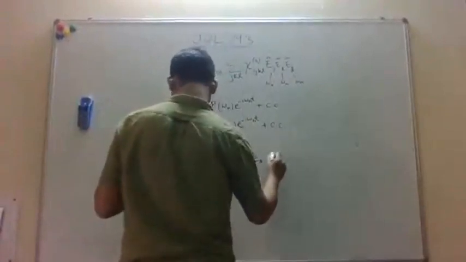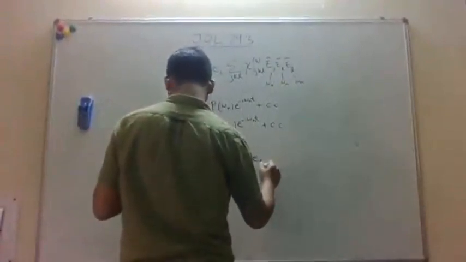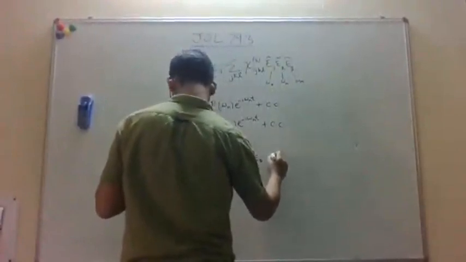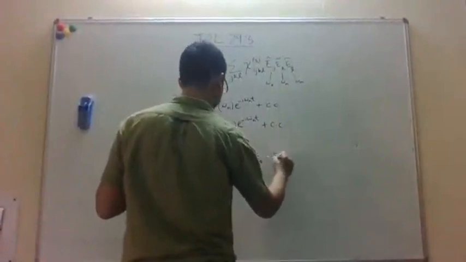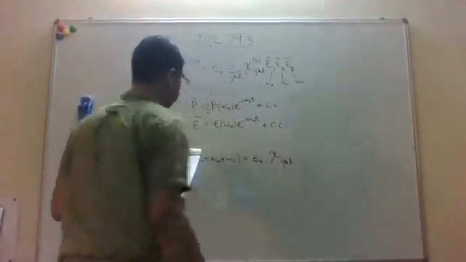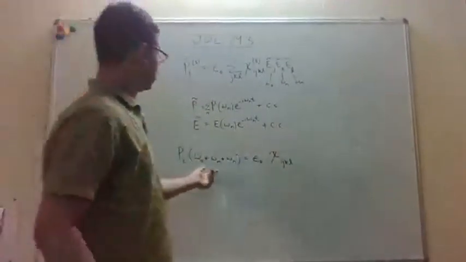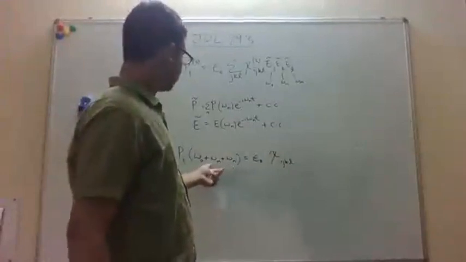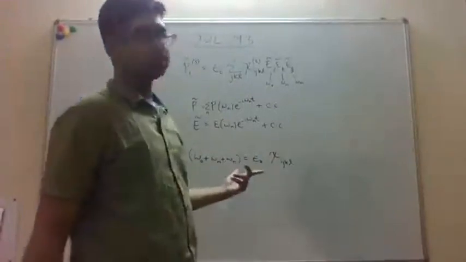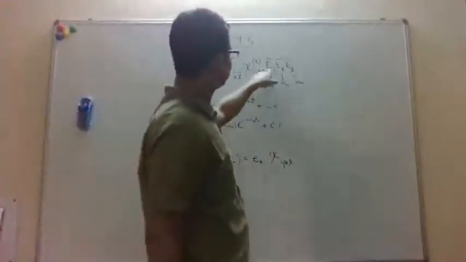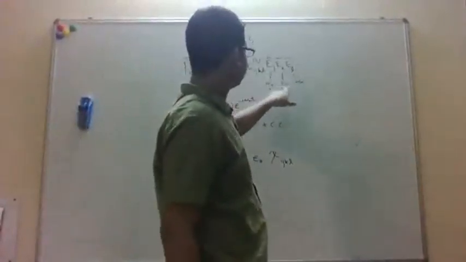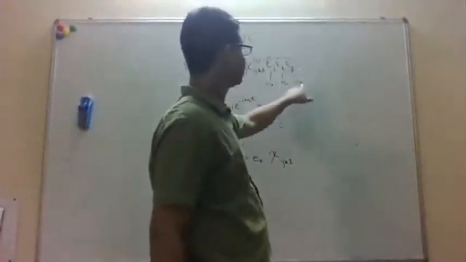Let me get rid of this summation for now. So I could get omega naught plus omega m plus omega n in multiple ways. One way is, for example, if the field in the j direction is omega naught, the field in the k direction is omega n, and the field in the l direction is omega n.